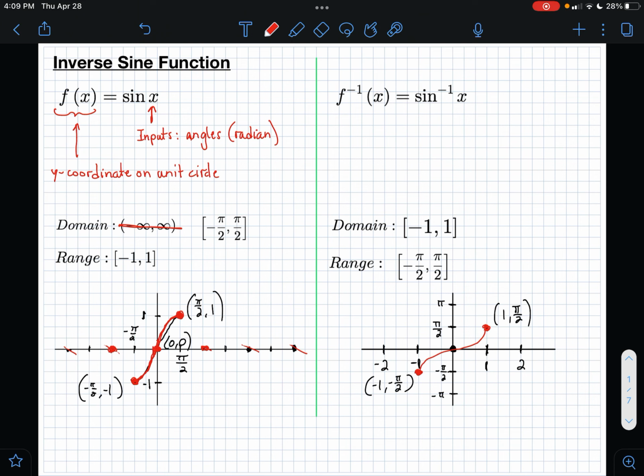Now, once again, inputs and outputs switch when we go from a function to its inverse. That means that input values here are going to be y-coordinates on the unit circle. And the output value of the inverse sine function will then be an angle in radians.